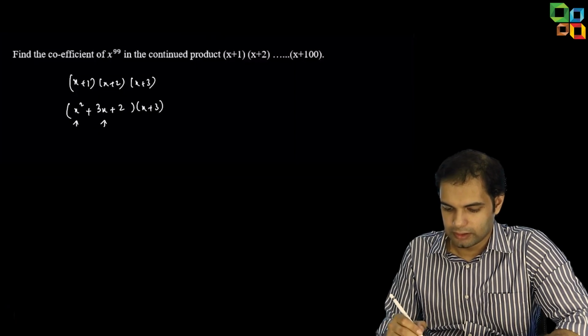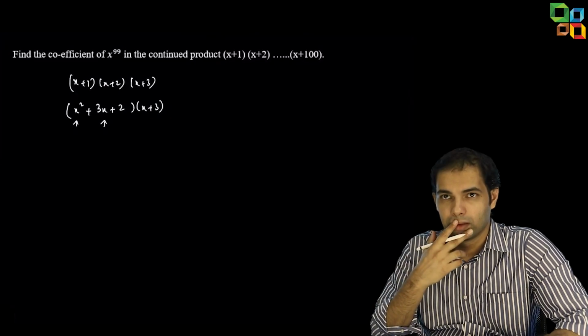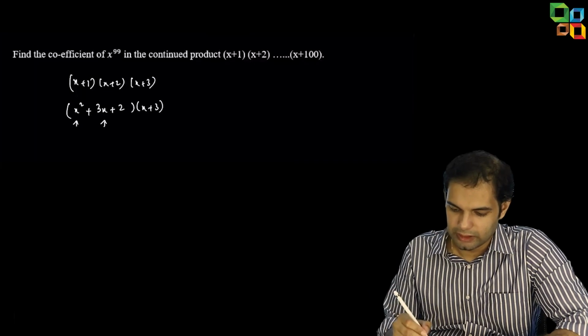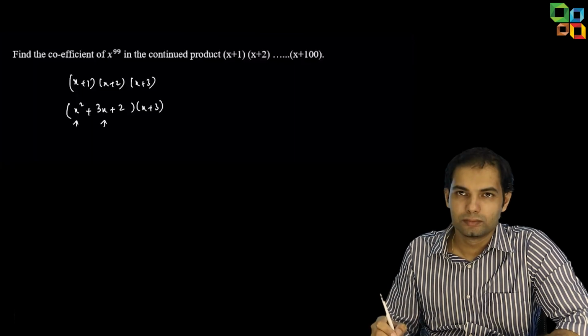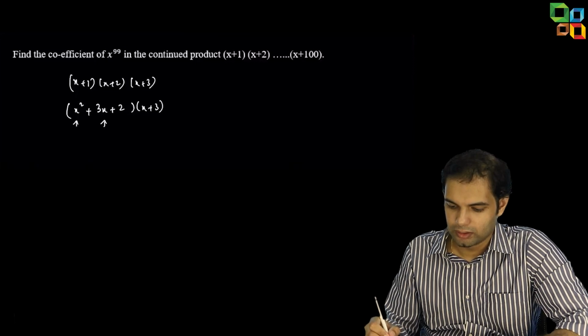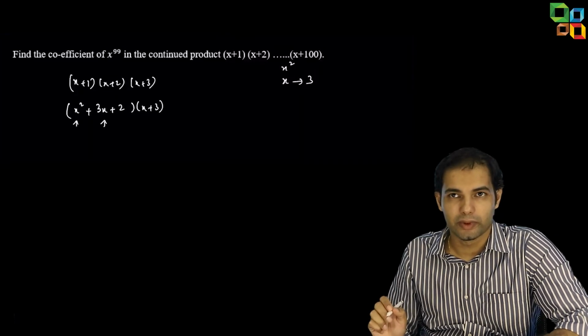First, I considered the first quadratic equation. There, x power 2 is the degree. I saw the coefficient of x to the power 1, which is 3 there. So x square was the power, and the x coefficient was 3. That's what we get.